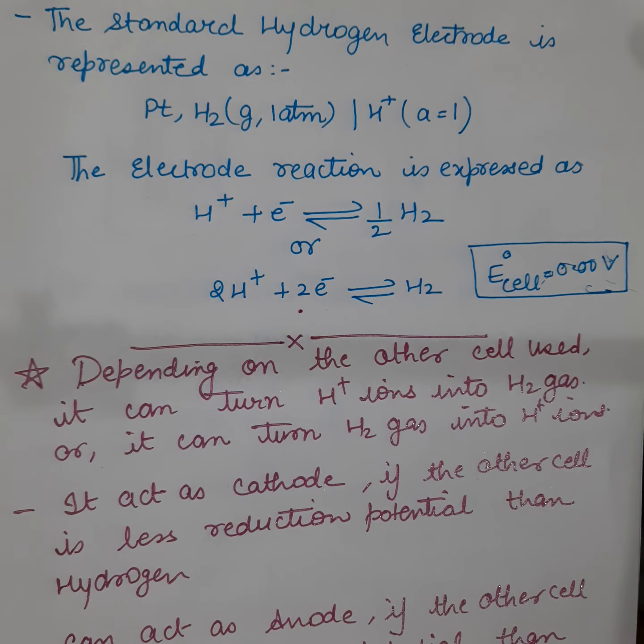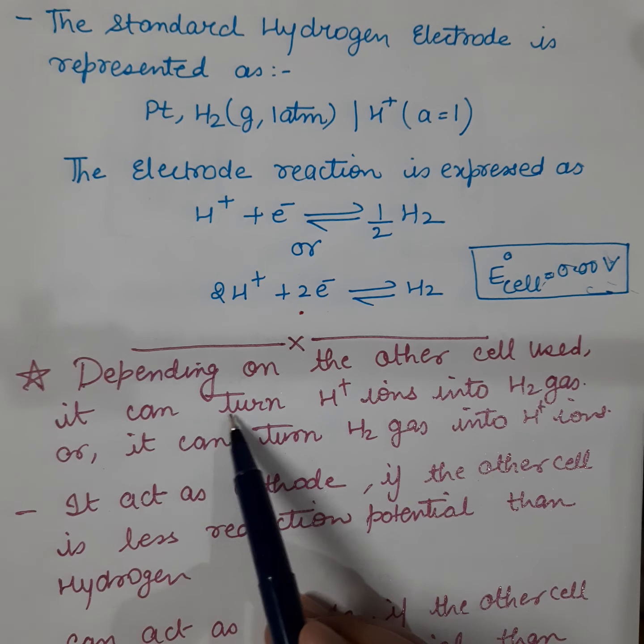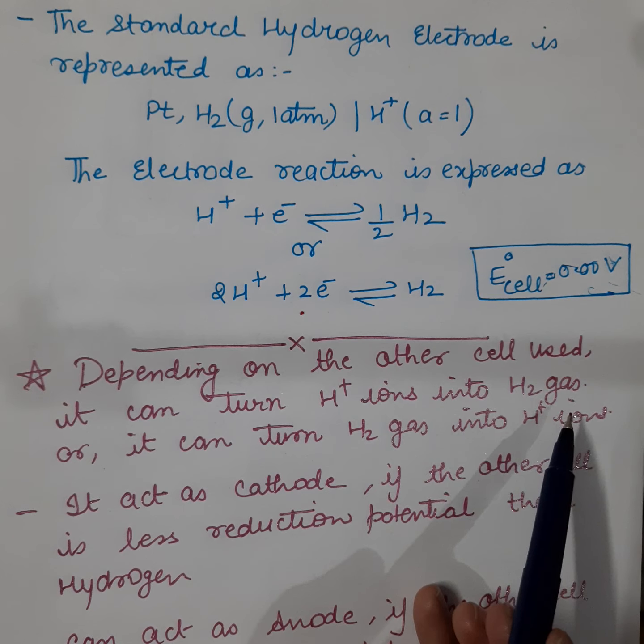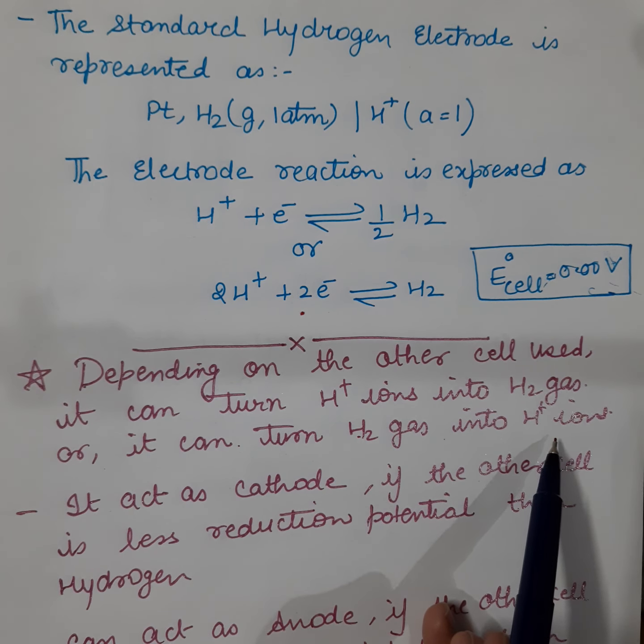Students, the point to write is that depending on the other cell used, it can turn H plus ion into hydrogen gas, or it can turn hydrogen gas into H plus ion.